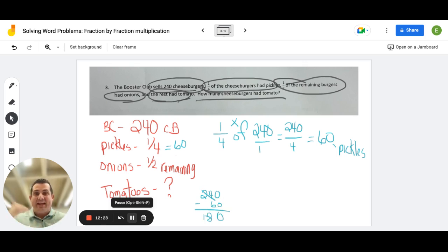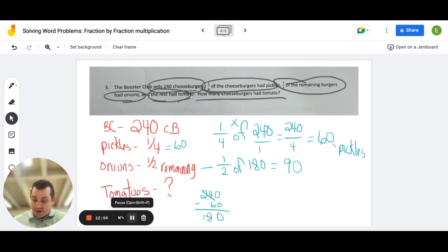So there were 180 burgers left that don't have pickles. Half of them had onions. So for onions, I need to do half of 180. I know from my basic facts that half of 18 is 9. So half of 180 is 90.